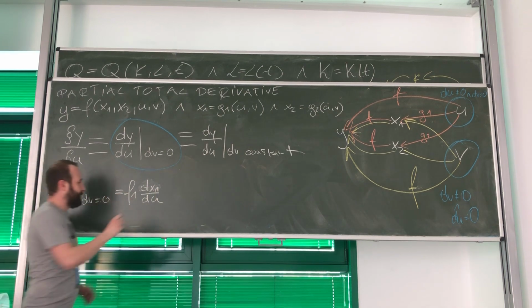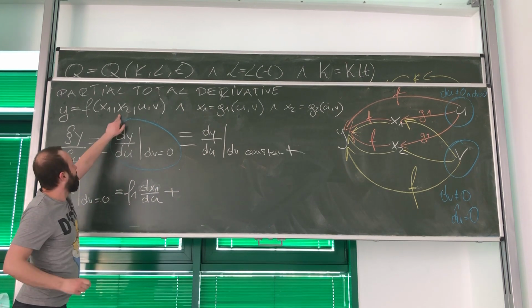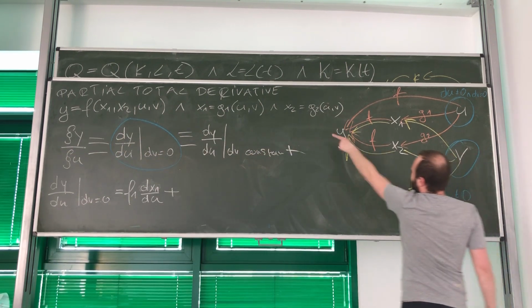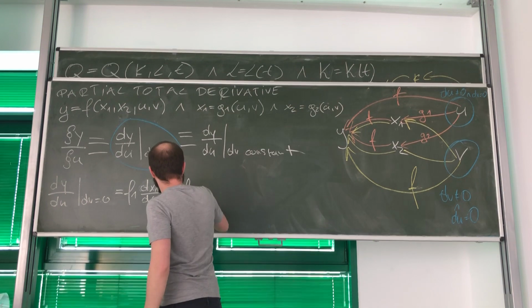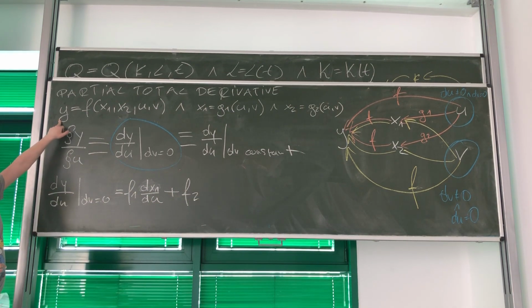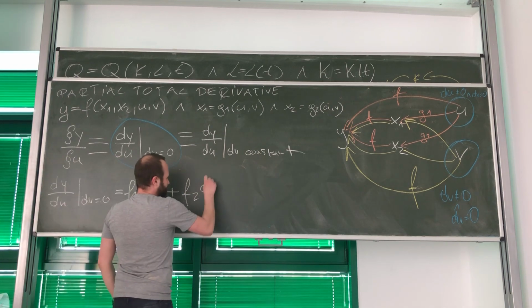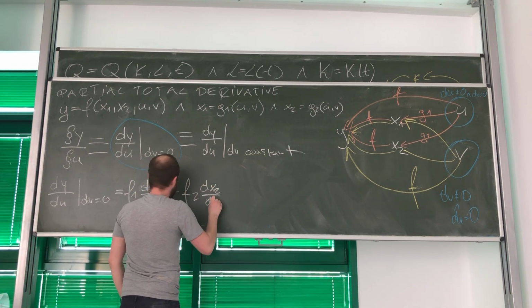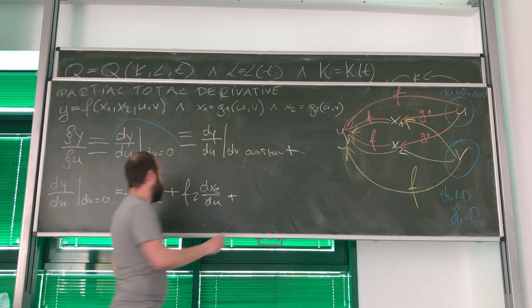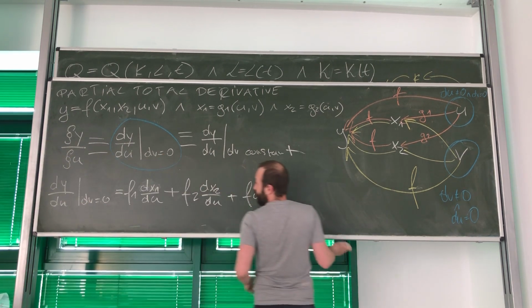Then we've got plus another indirect channel, x2, derivative of y with respect to x2 times dx2 over du. And finally, the direct channel, so fu.